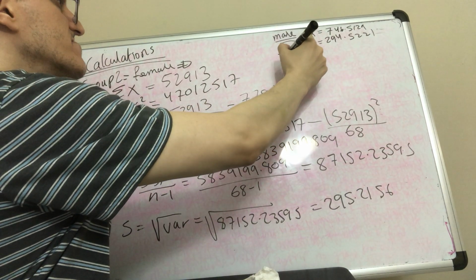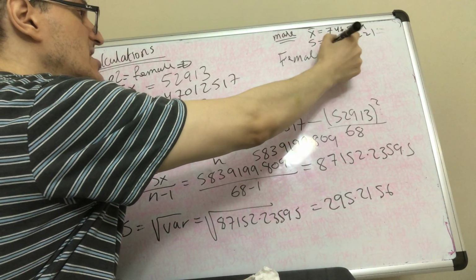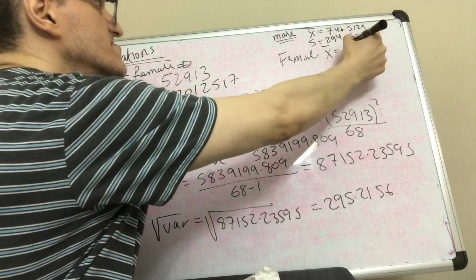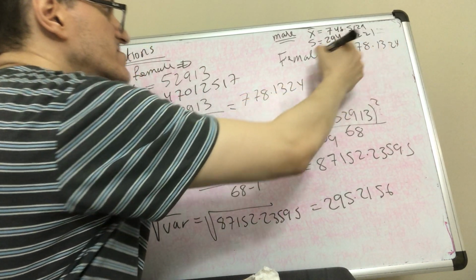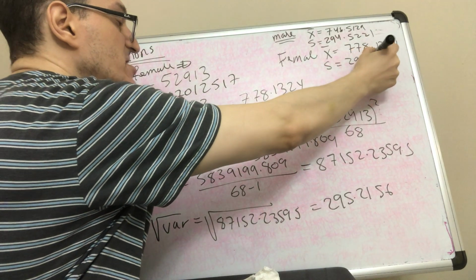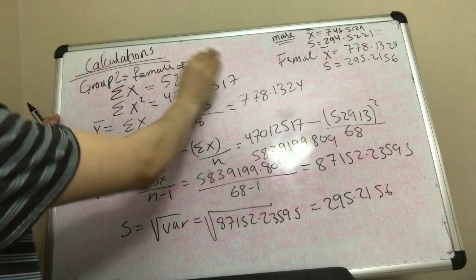For female, average is 778.1324, and standard deviation 295.2156. So we did the calculations.